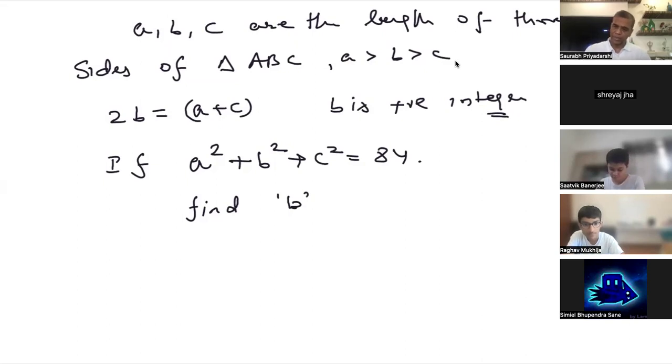It could be given as A, B, C or in AP, arithmetic progression. B is the middle term. Should I start now? Okay, everyone, last 2 minutes.